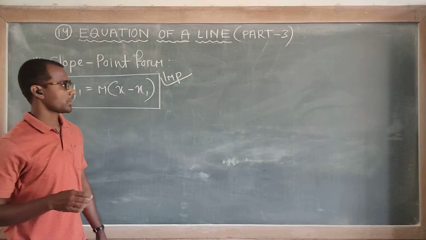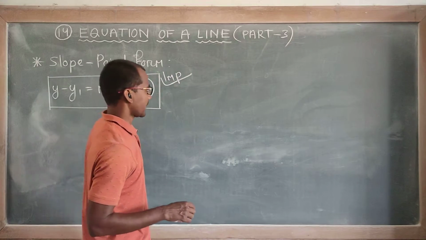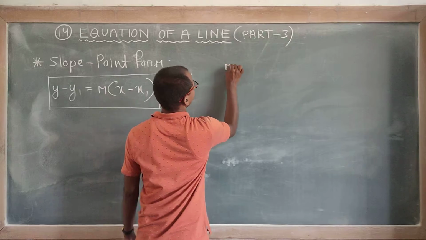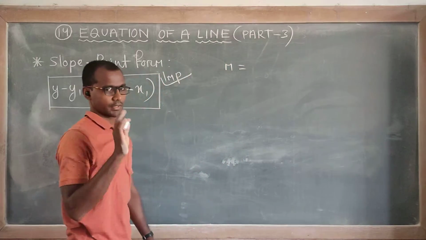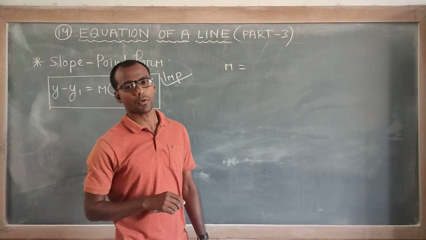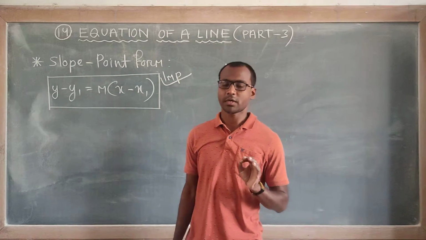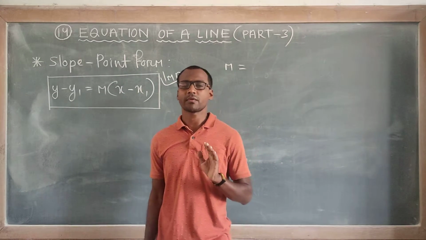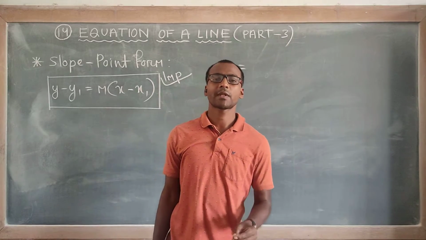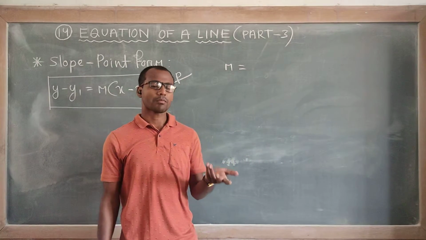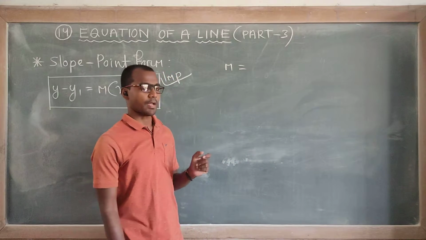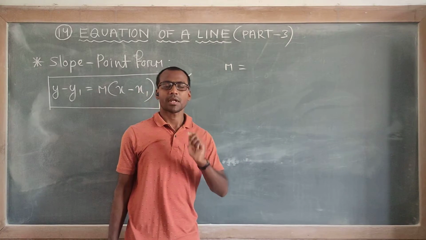Let us take an example. Suppose there is a line whose slope is given, suppose directly. Okay, remember slope is the most important thing. In this chapter, slope is the most important thing. If slope is given to you, then very good. If slope is not given, then theta will be given to you. From that theta, you have to find the slope using the formula tan theta.